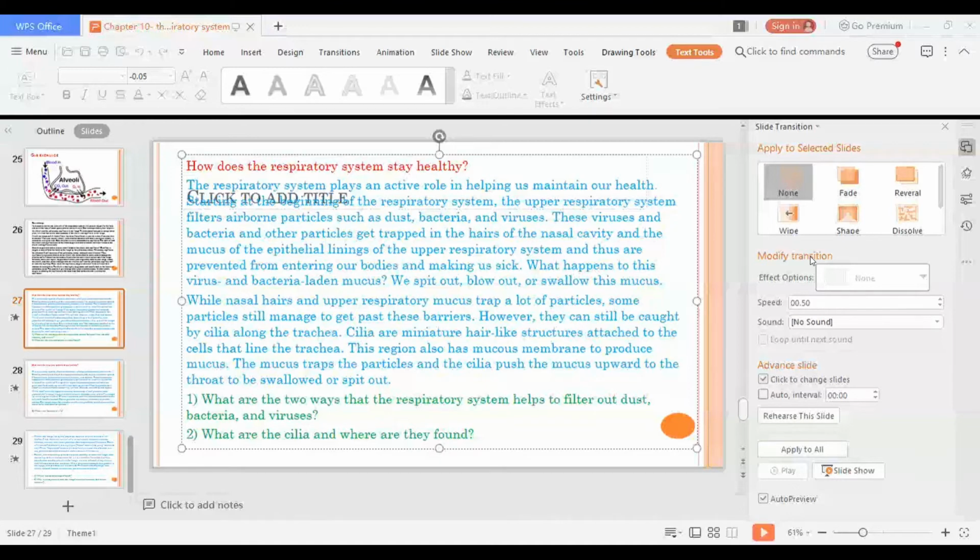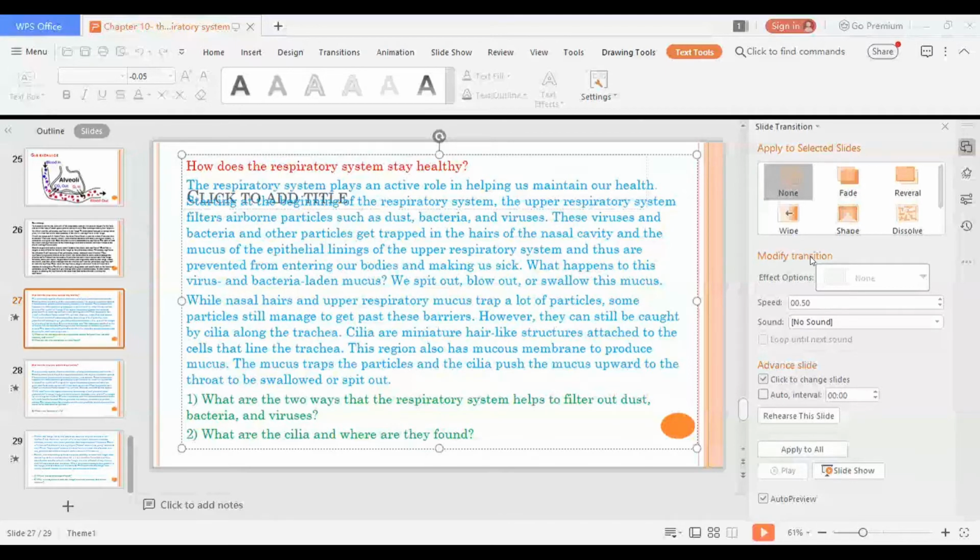Cilia are miniature hair-like structures attached to the cells that line the trachea. This region also has mucous membrane to produce mucus. The mucus traps the particles and the cilia push the mucus upward to the throat to be swallowed or spit out. Thank you so much.